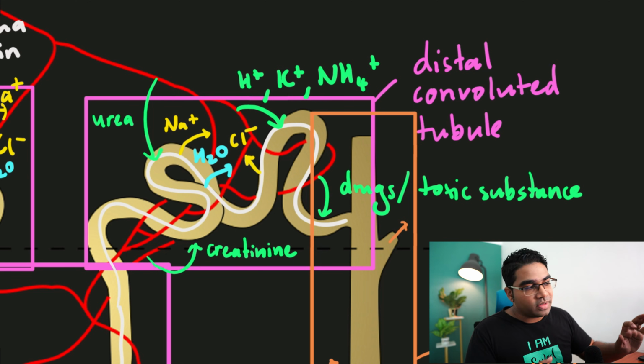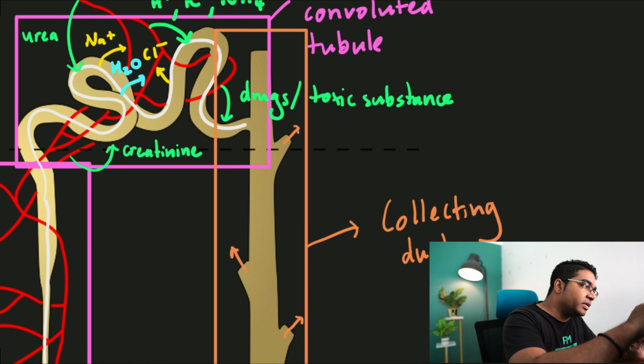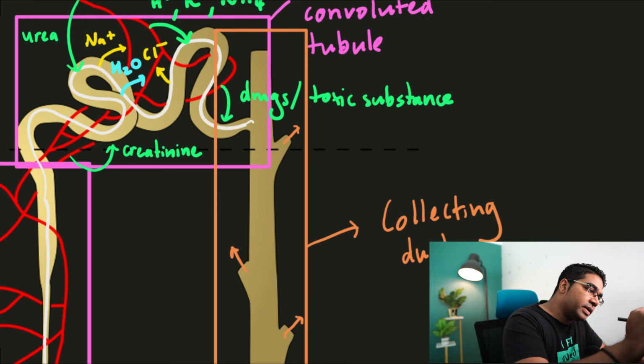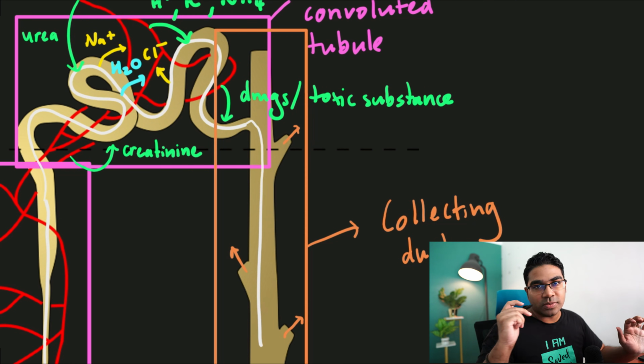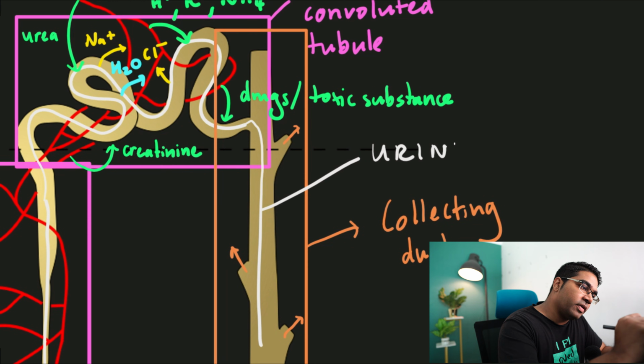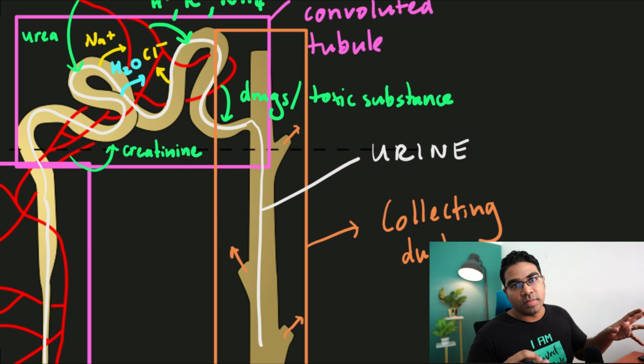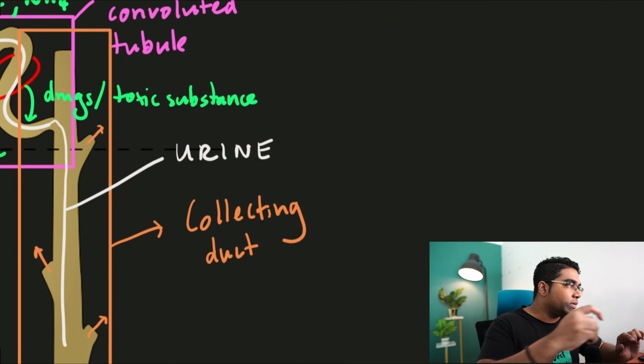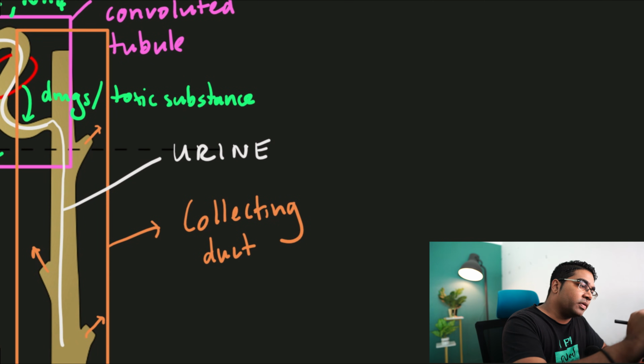So by the end of everything, when the glomerular filtrate reaches the collecting duct, this is where the glomerular filtrate is called urine. So now we have formed urine. And so the contents of urine are, of course, water, whatever water is left. 99% of the water from the glomerular filtrate is reabsorbed.